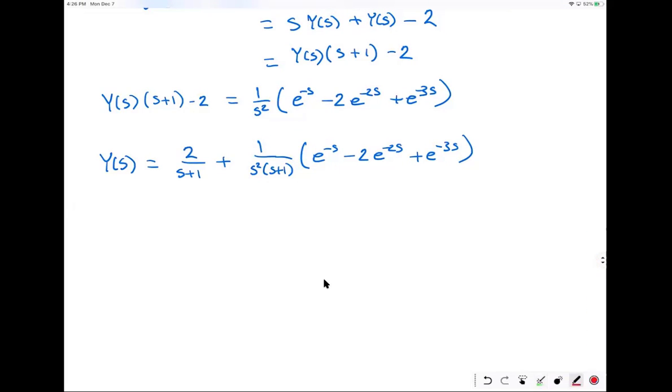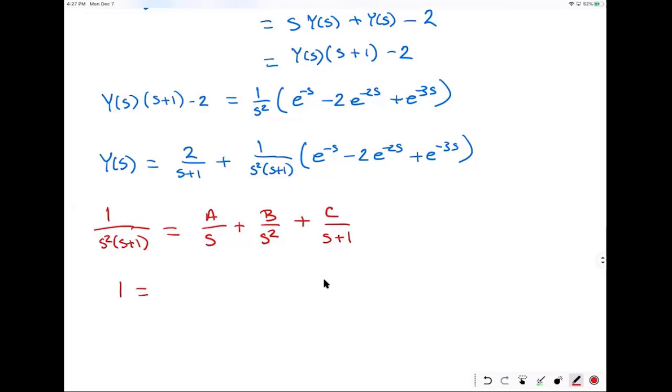So let's see, 1 over S squared times S plus 1 is going to be equal to A over S plus B over S squared plus C over S plus 1. That would be my decomposition, or my algorithm to find A, B, and C.